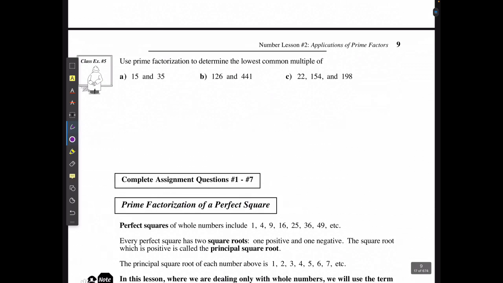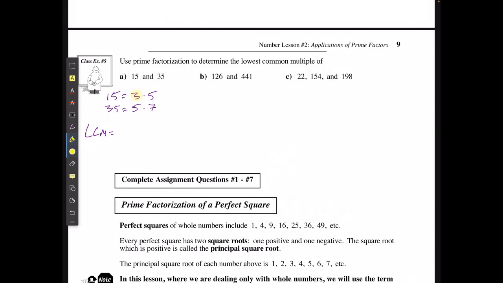Let's try that. If I took 15 and 35, then I have 15, which is the same as 3 times 5, and I have 35, which is the same as 5 times 7. The lowest common multiple is going to be the combination of all of the different prime numbers.